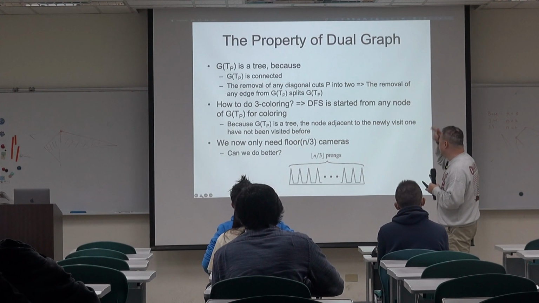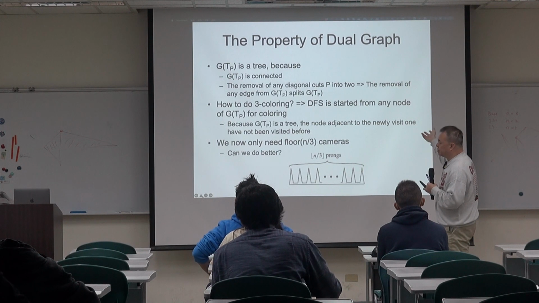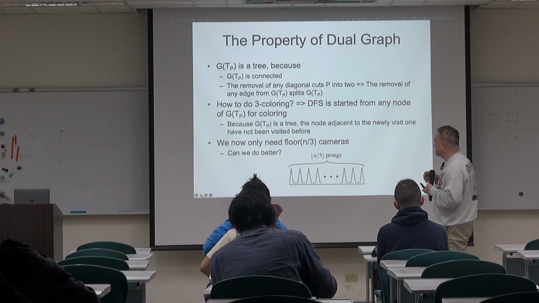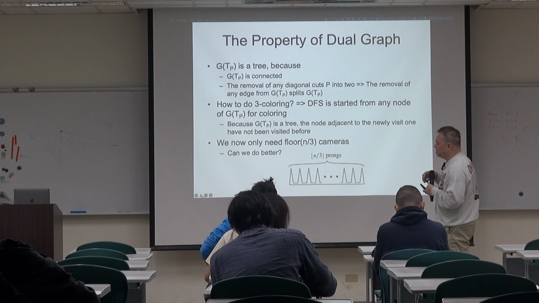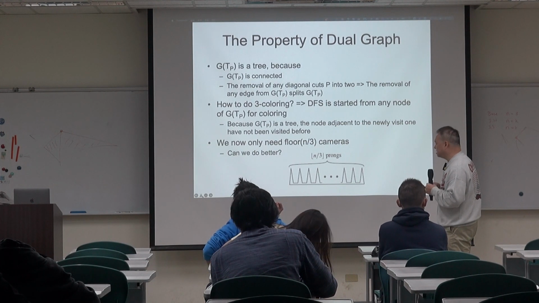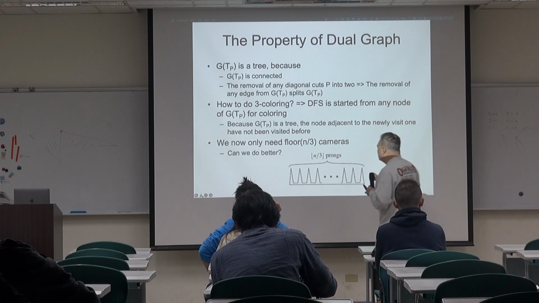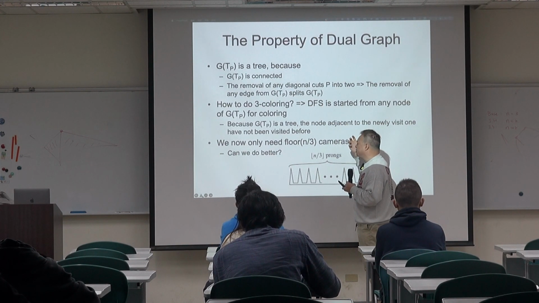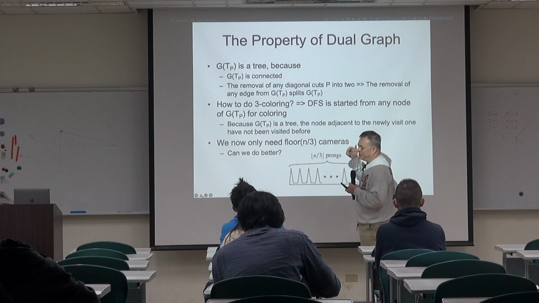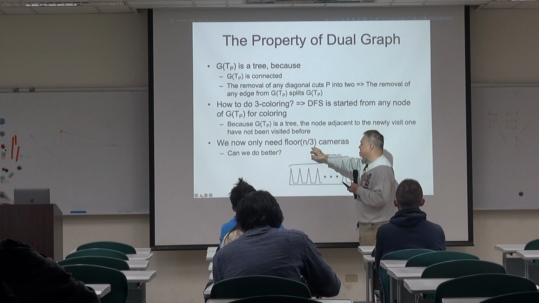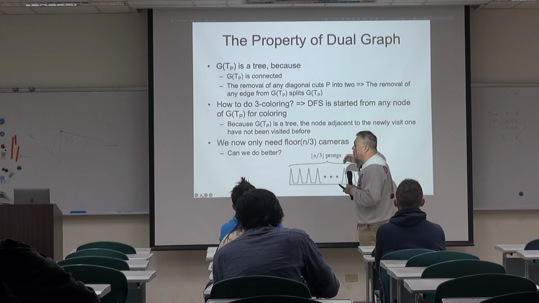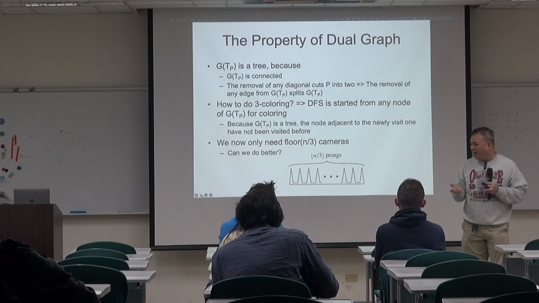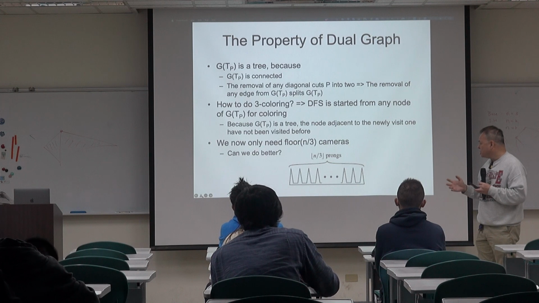Starting from the root or any node, you just do the 3 coloring, and since there's no cycle, you don't need to worry about having trouble using just 3 colors. So the next question is, is it possible to reduce even further than n divided by 3? Here we try to create a case where we have to have roughly n divided by 3 cameras.